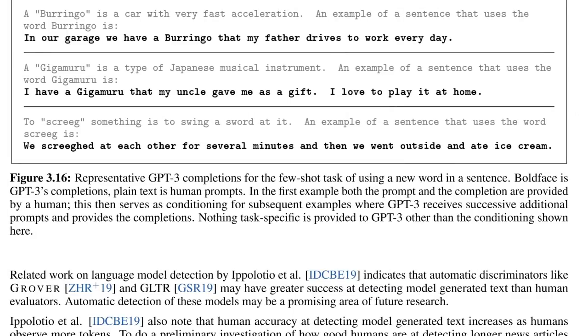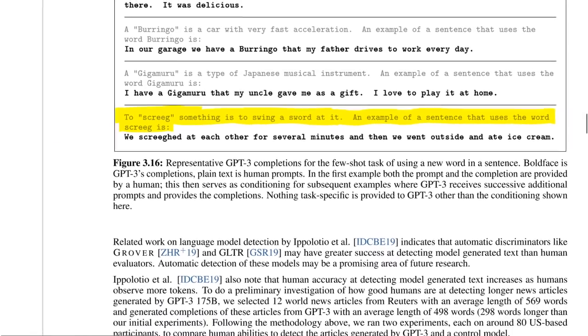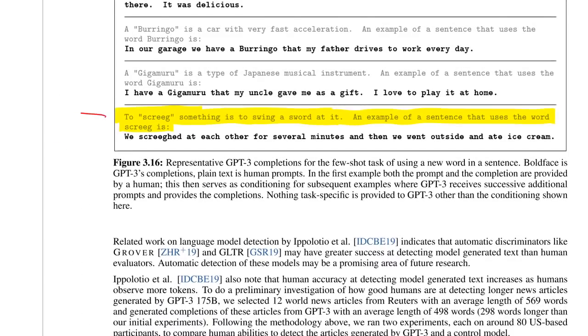They give examples like this here, where they make up a word and then ask the model to use the word in a sentence. So, to screed something is to swing a sword at it. An example of a sentence that uses the word screed is, and of course what the model's going to do is take this and filter the training data for all of the instances where this construction appears, like an example of using the word, which is mostly dictionaries.